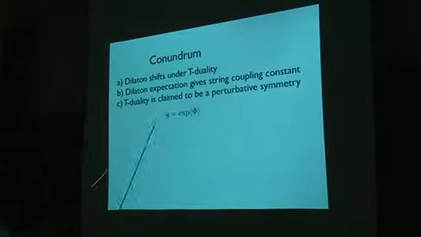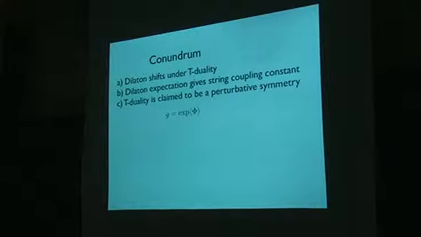And the reason this comes about is if one looks at any string interactions, at any loop order, one finds that the string coupling constant always occurs in a combination of the coupling constant times e to the phi, which means that the string coupling constant can effectively be reabsorbed into the constant part of e to the dilaton. And so one can set the string coupling constant to 1, and then effectively e to the dilaton would be the string coupling constant. But then there's a problem, because T-duality is claimed to be a perturbative symmetry, but here we're seeing that it changes the string coupling constant, which seems to be in tension with that.